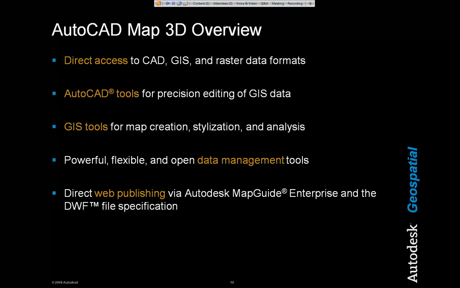So those FDO tools are open and available, and they're great at managing many sources of data. And then finally, direct web publishing via Mapguide Enterprise, and it's really a one-button click. Once you put together your map environment, you click that Publish to Mapguide, and it actually builds a Mapguide site for you. So very powerful.